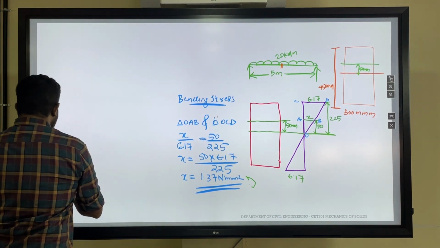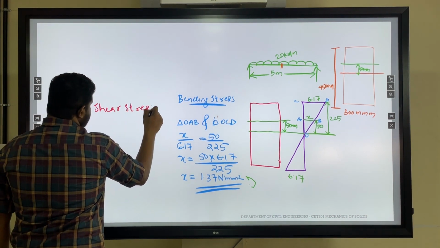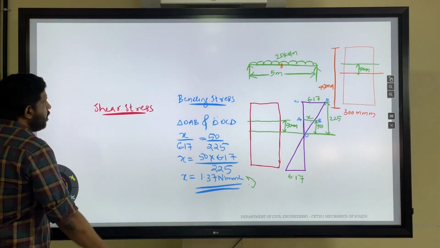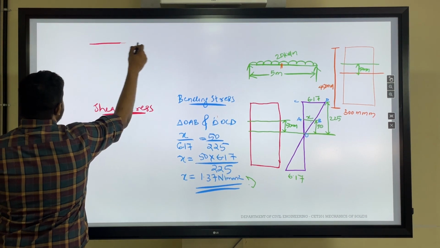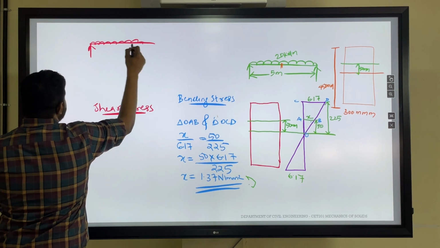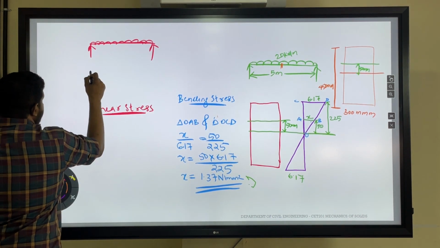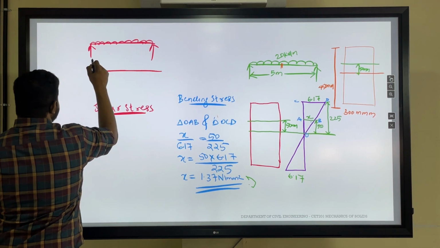Next we are asked to calculate the shear stress at the same point. As we all know, for a simply supported beam carrying a UDL, its shear force diagram will go like this.